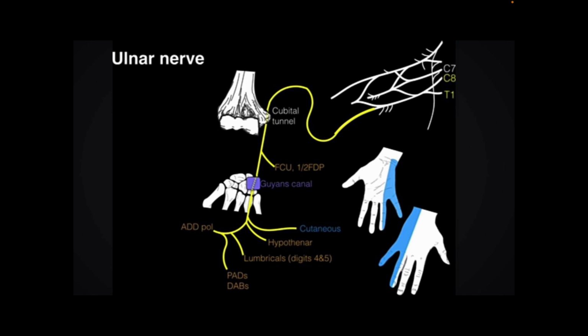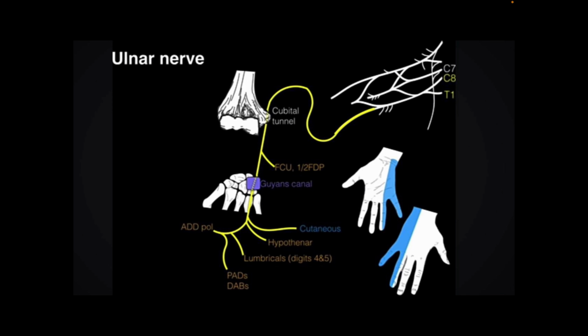So, motor supply to the flexor carpi ulnaris is provided by the ulnar nerve, and also the ulnar half or the medial half of the flexor digitorum profundus muscle is supplied by the ulnar nerve. The radial half or the lateral half of flexor digitorum profundus is supplied by the median nerve. So two muscles in the forearm are supplied by the ulnar nerve, the whole of the flexor carpi ulnaris muscle and the ulnar half or the medial half of flexor digitorum profundus muscle.